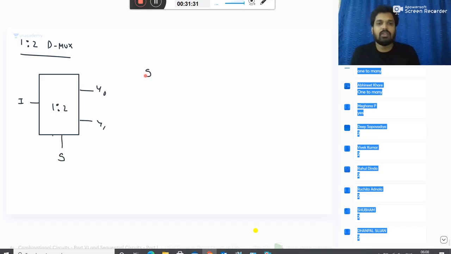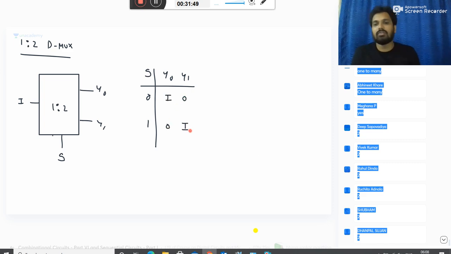Based on the selection input, which can be 0 or 1: when the selection input is 0, the input is given to Y0, or when the selection input is 1, the input is given to Y1.